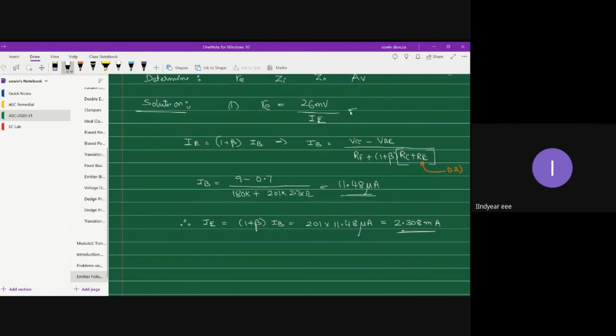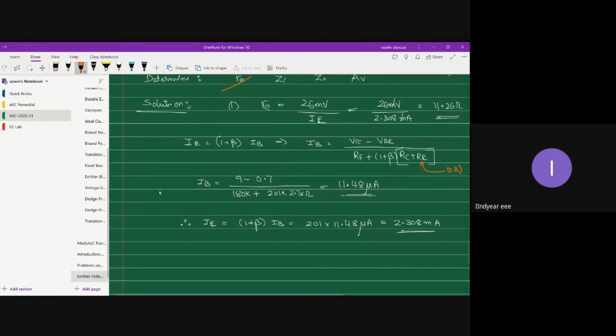Once IE is determined, you can find out the effective AC resistance RE: 26 millivolt divided by 2.308 milliamperes. Milli gets cancelled, so 26 divided by 2.308 is 11.26. So 11.26 ohm is your RE. So the first part is calculated.